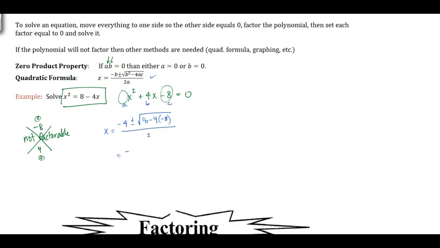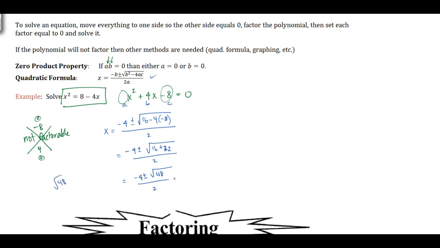So I see this as negative 4 plus or minus the square root of, what is that, 16, 32, whoops, try to really write 32, all over 2. That's negative 4 plus or minus, is that 48, all over 2. Then I like to reduce that root 48. What the heck is that?